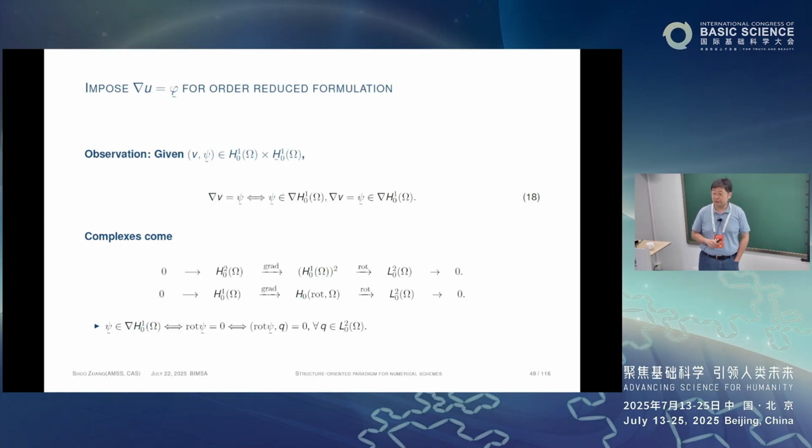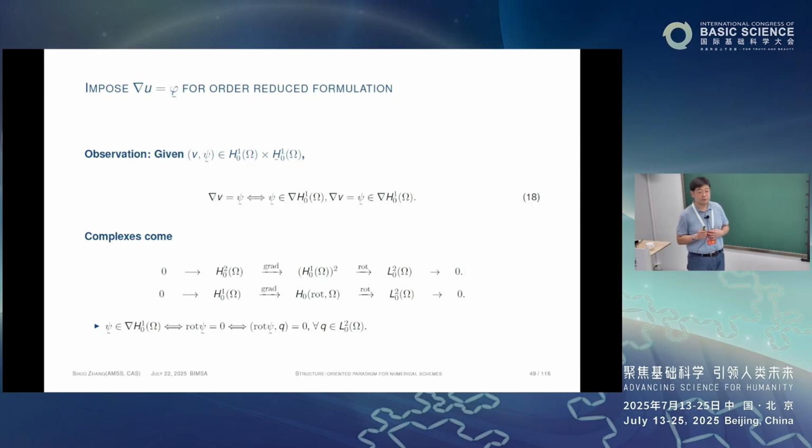They also form a complex. This is just the de Rham complex. Then we would like to impose the restriction that gradient v equals psi. That is to say, psi belongs to gradient H1.